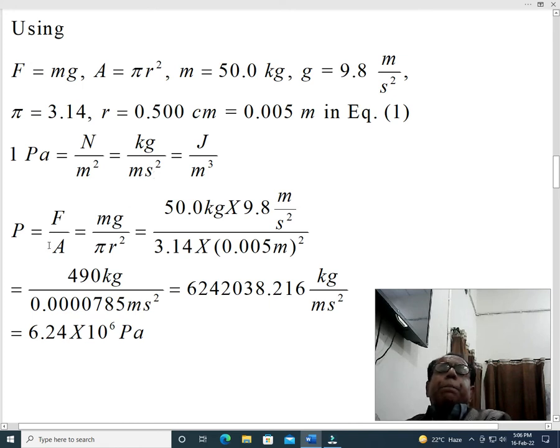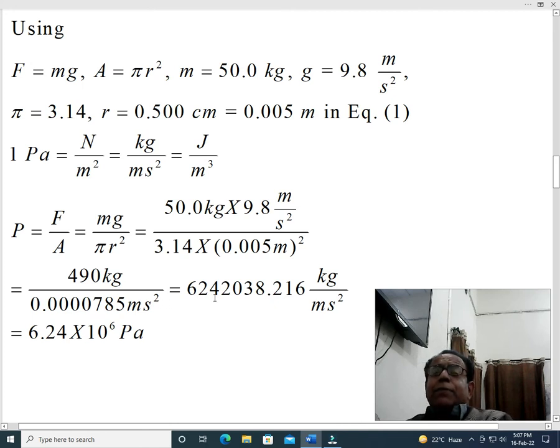So pressure P equal to F over A equal to mg over pi r squared equal to 50.0 kilogram into 9.8 meter per second squared over 3.14 into 0.005 meter squared. This will become equal to 490 kilogram divided by 0.000785 meter second squared.